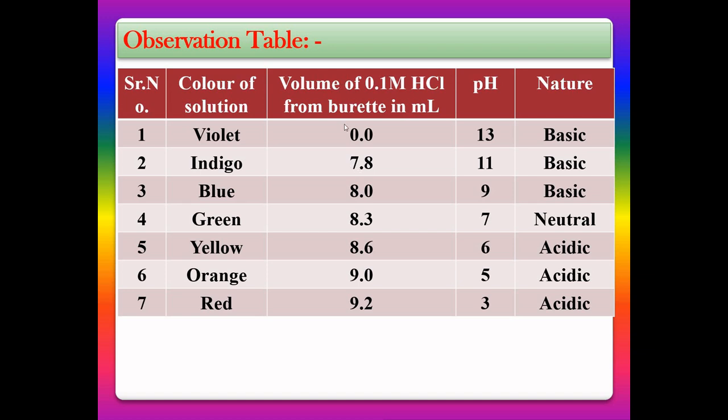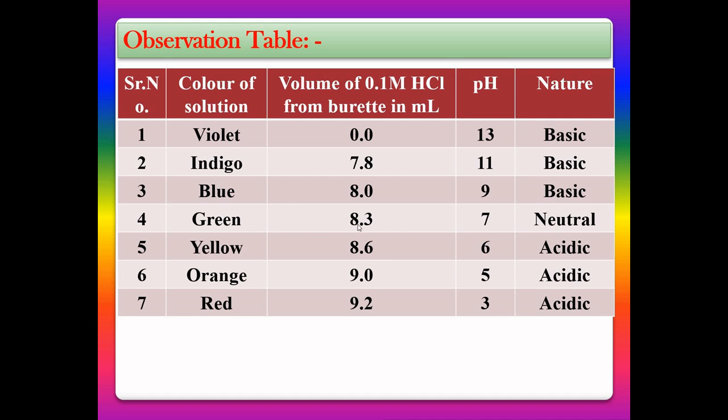After we add HCl solution, the solution changes to indigo color, and the nature is basic. Then after adding 0.2 ml, that is 8 ml total, we get the blue solution, and the nature is also basic. The pH is 9. For green it is 8.3, for yellow 8.6, for orange 9.0, and for red, which is acidic, 9.2.